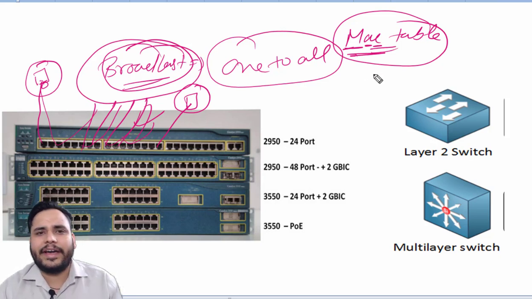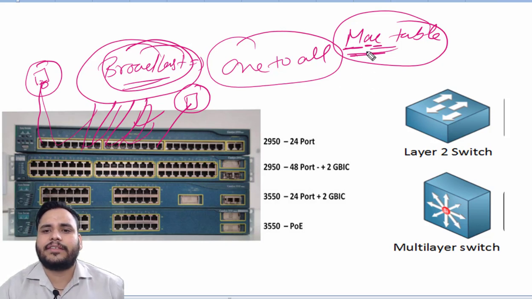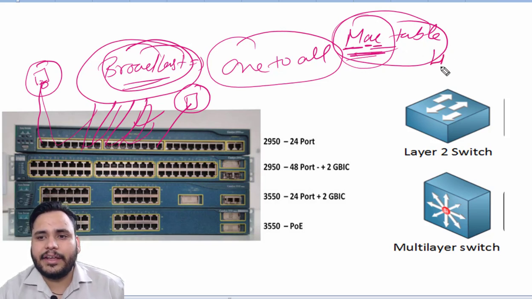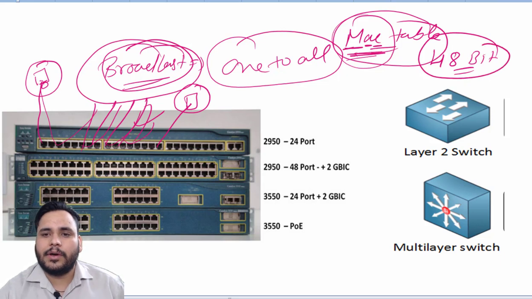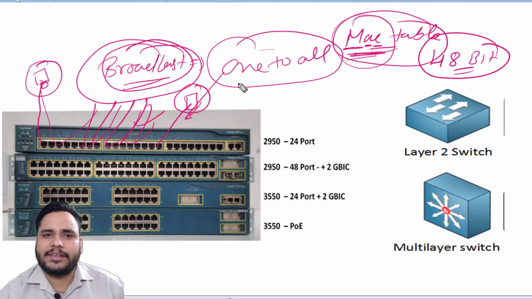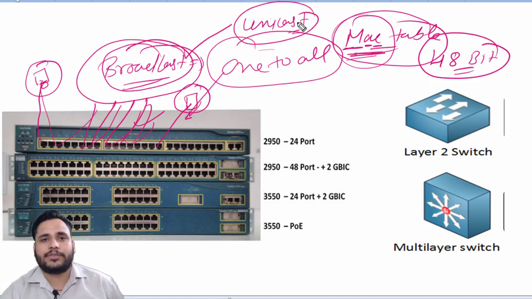Any device which is going to connect with the internet has a MAC address, because the MAC address is your physical identity. It is a 48-bit hexadecimal address. So the switch learns the MAC address of both devices. That's why the first time it will broadcast, and after that it will go for unicast, a one-to-one process.